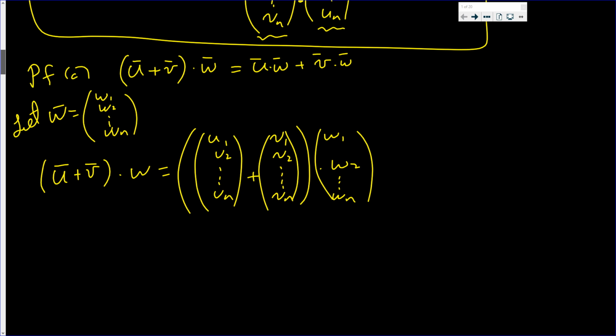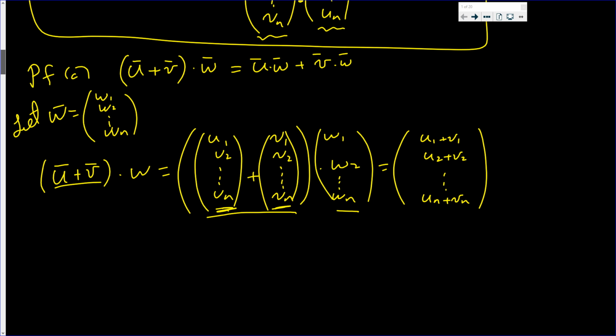Now, until we prove this, we only know how to multiply one vector by one vector. We have our sum of vectors. Well, when you add two vectors, you get a vector. So if I add u and v, I'll have one vector: u1 plus v1, u2 plus v2, all the way down to un plus vn.